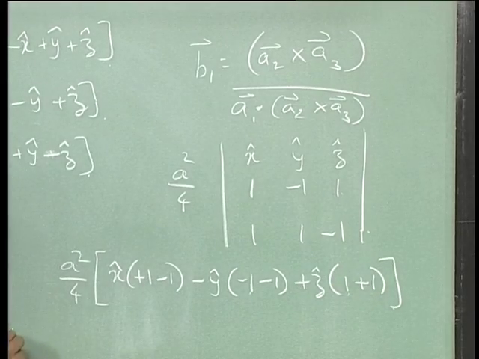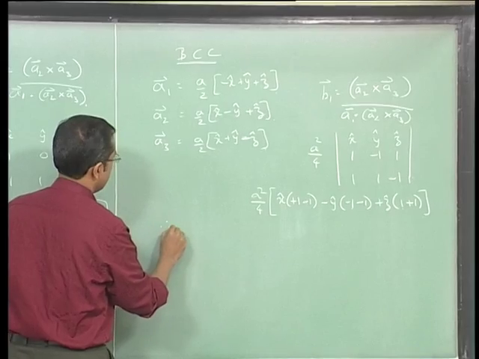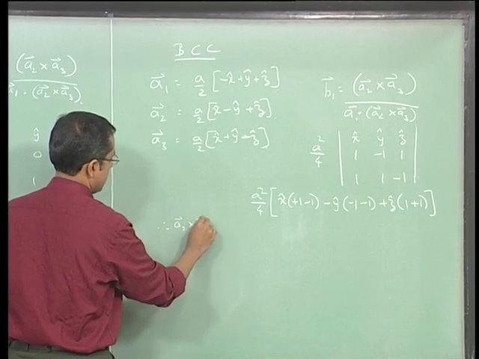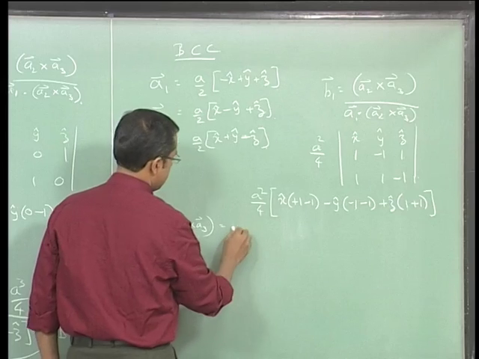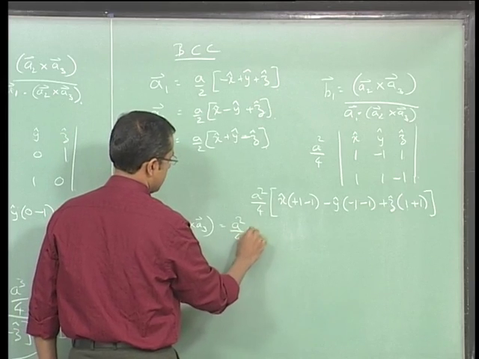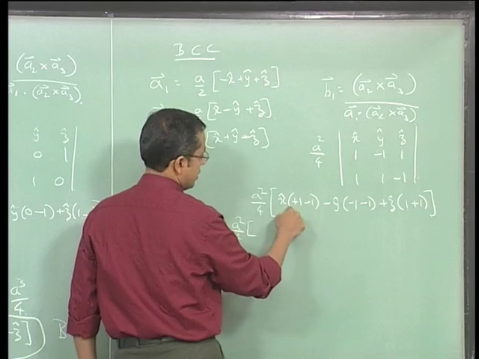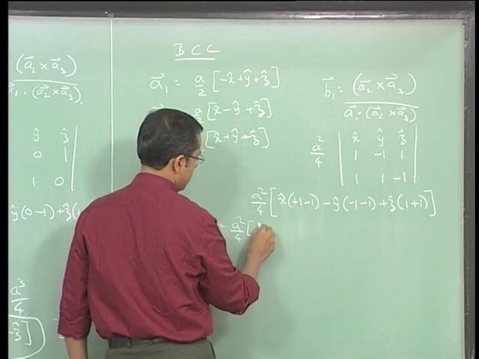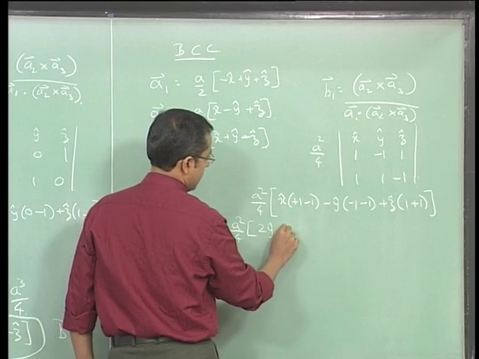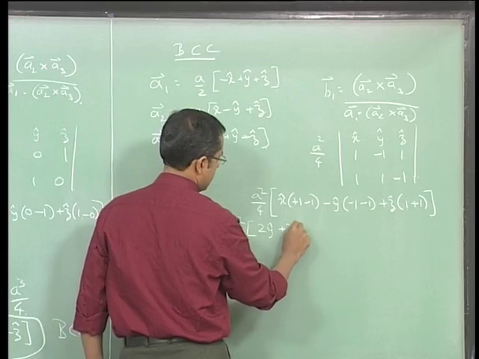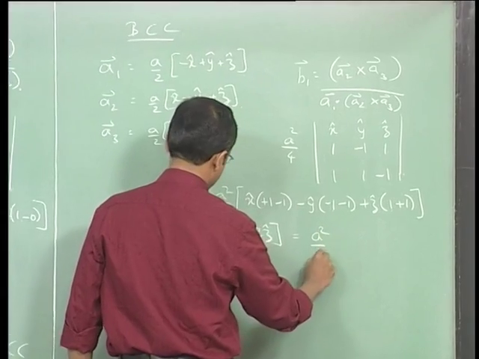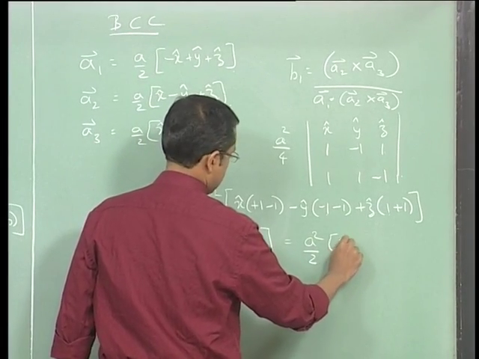So a2 cross a3 equals a squared by 4 times, this becomes 0, so this term goes away, this becomes minus 2 times minus 1 becomes plus 2, 2y plus 2z. So it is basically a squared by 2 into y plus z.